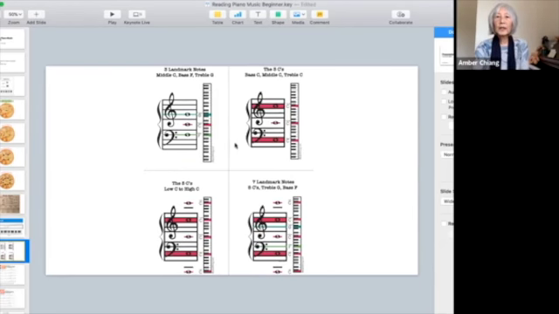Okay, the second box is adding the C. So now we have three C's. We have the bass C, middle C, and the treble C. So you can see in the bass clef, it's the second space from the bottom. And in the treble clef, it's the second space from the top.